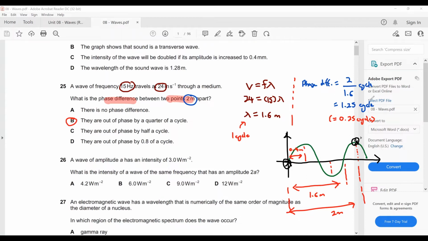It is correct to say it is having a difference of a quarter of a cycle, but you can also simplify as saying that it has a phase difference of 1/4 of a cycle here. Basically, you're getting rid of this full complete cycle. You just want to look at it in terms of less than one cycle. Okay. So answer choice is B.